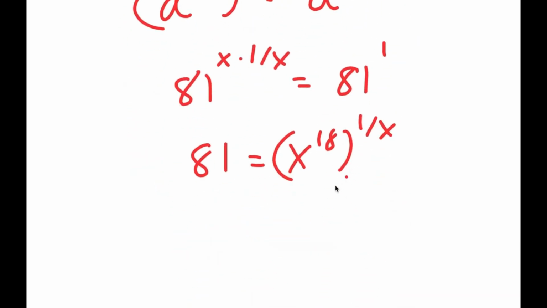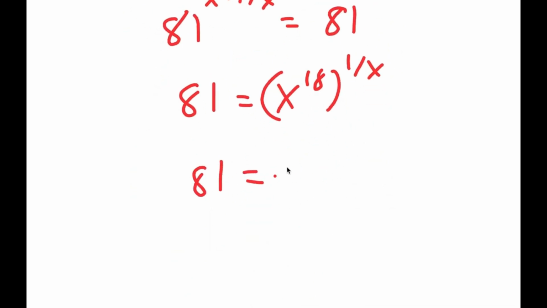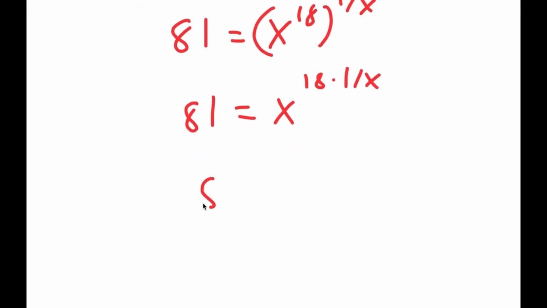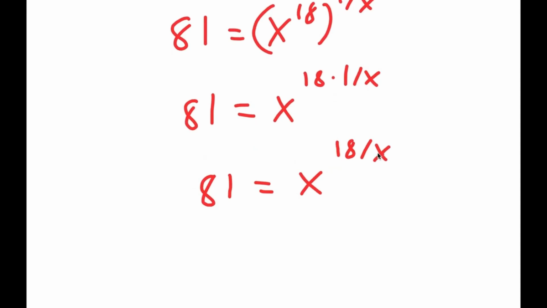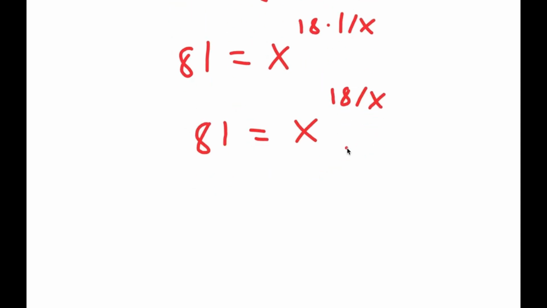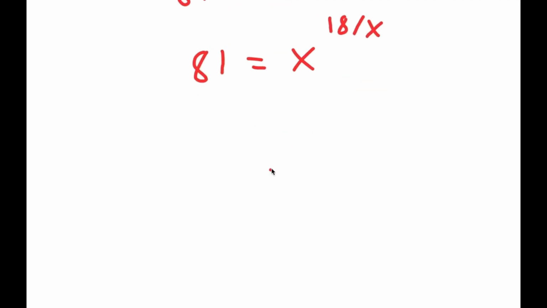And (x^18)^(1/x) is the same thing as x^(18 times 1/x), which is the same thing as x^(18/x). Now I'm going to take the power of 1 over 18 on both sides.